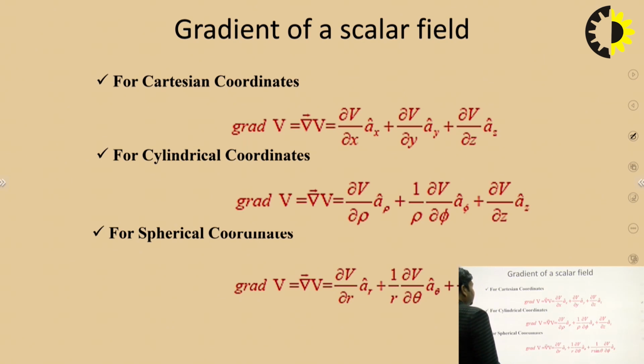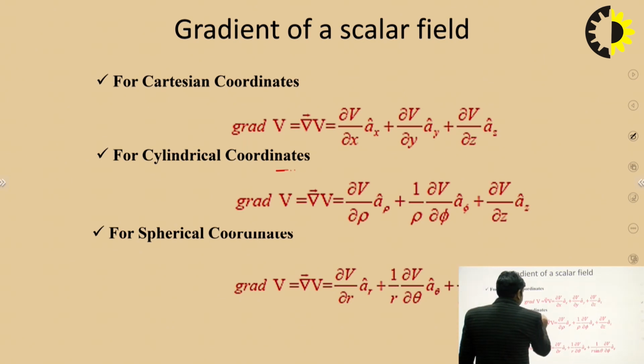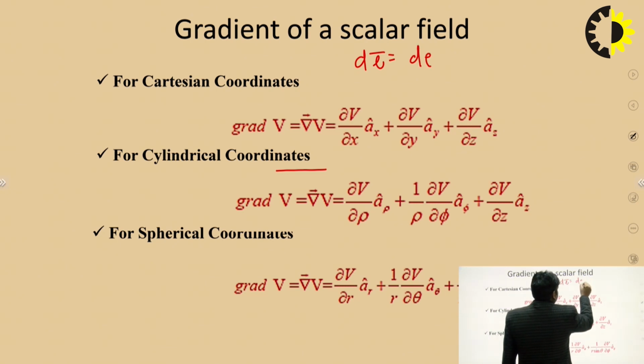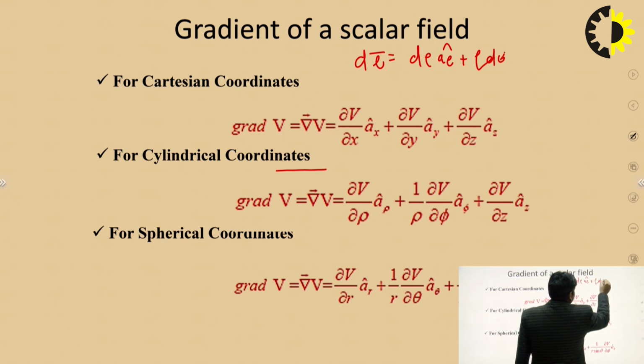But in the cylindrical coordinate system, how do we calculate it? In the cylindrical coordinate system, the differential length is d rho a rho plus rho d phi a phi plus dz az.